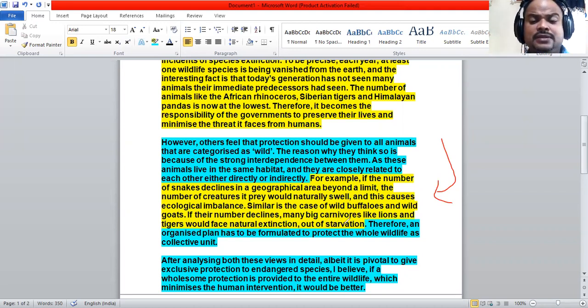What happens is that lions and tigers would die out of starvation, and this causes natural extinction. Therefore, an organized plan has to be formulated to protect the whole wildlife as a collective unit. This is what we have seen in this paragraph.